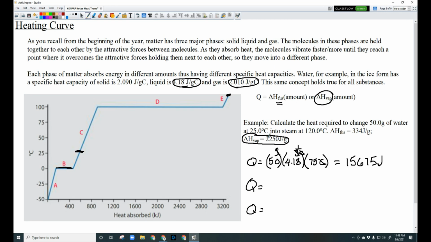If we're given the heat of vaporization in joules per mole, we're going to have to change the 50 grams of water to moles so that moles can cancel and we just have joules. But this is good, because this is given to us in joules per gram and we have grams of water, so when we multiply this out, 50, so it's the amount times the heat of vaporization.